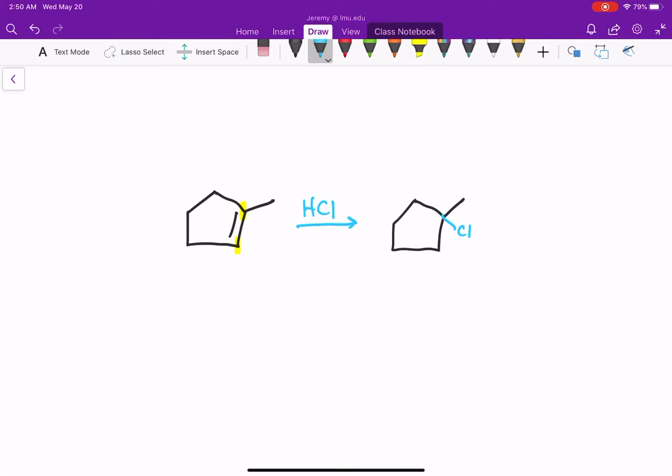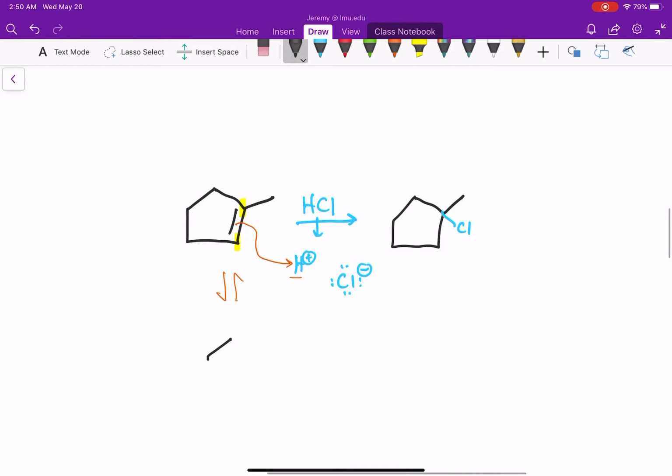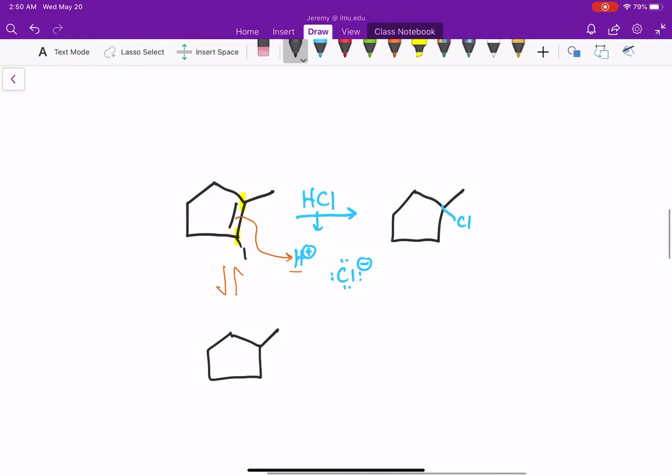So if we draw out our mechanism, HCl will completely dissociate to form H plus and Cl minus. Our first step in the mechanism is a protonate. The pi bond is going to attack and form a new bond to this H. So there's a hydrogen here, hydrogen here.